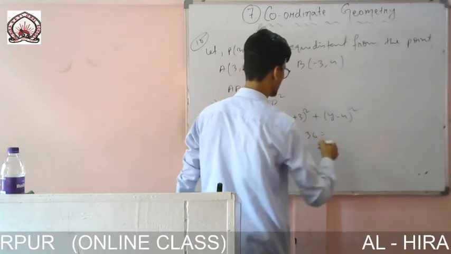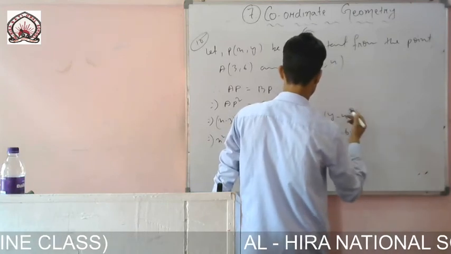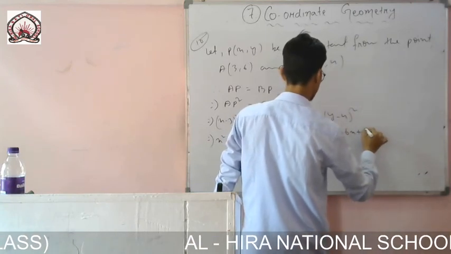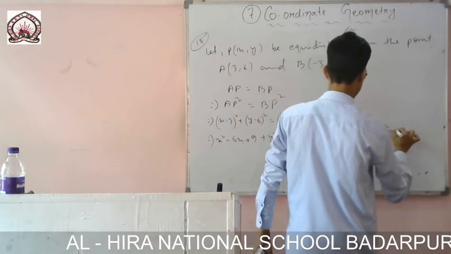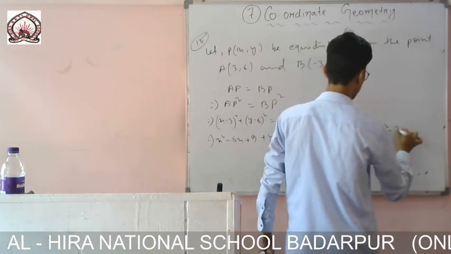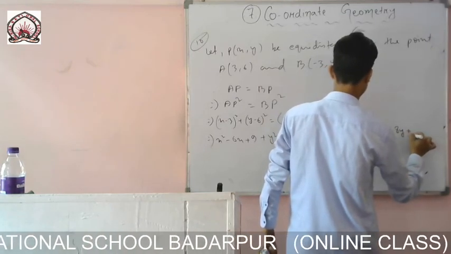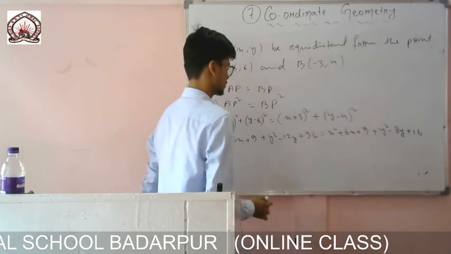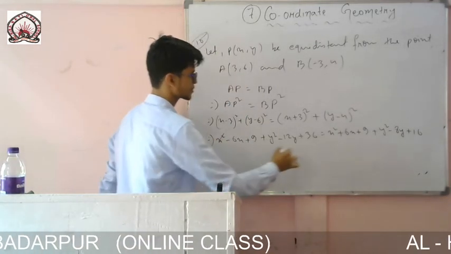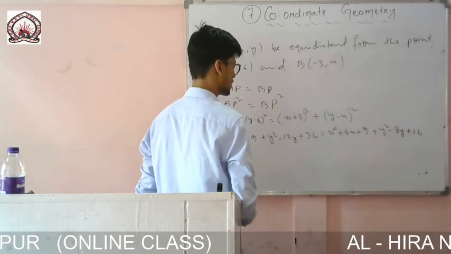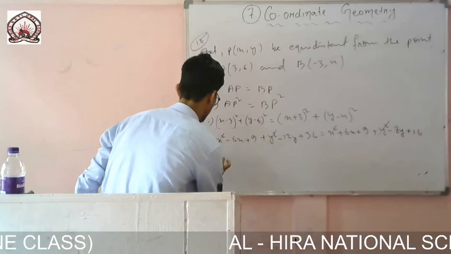This side again it will be x square plus 2 3s are 6x plus 3 square is 9, in the middle plus sign, y square minus 2 4s are 8y, and plus 4 4s are 16. So after expressing we have got this. Here x square and x square, y square I can cancel, so now it becomes easy.